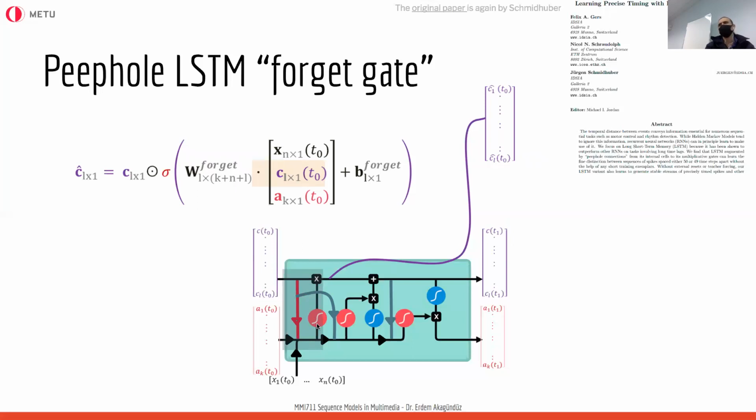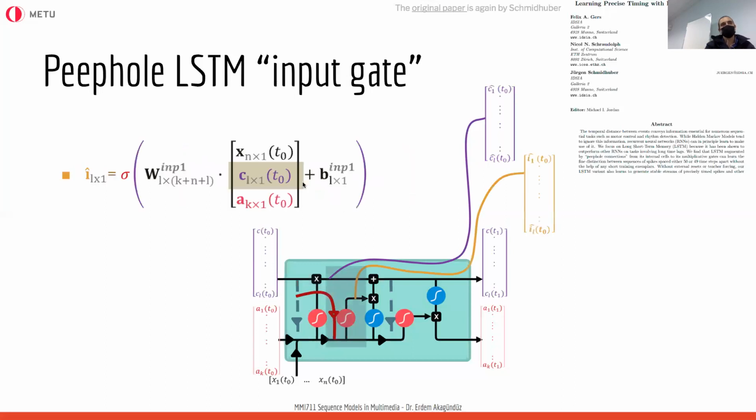So the capacity of this network would grow because you would need more weights for it. And the forget operation is decided with this operation. So the forget gate is modified this way. You're feeding this state to here as well.